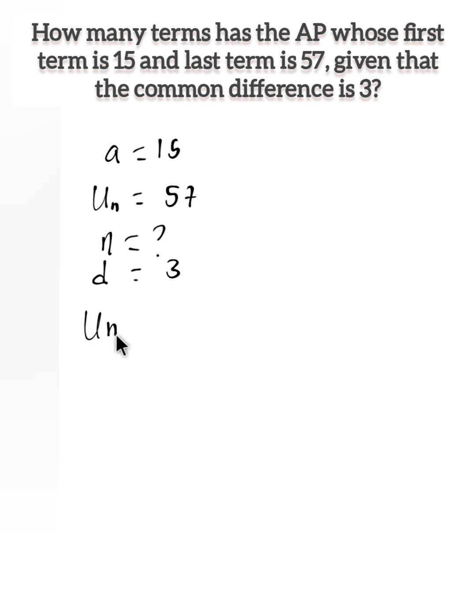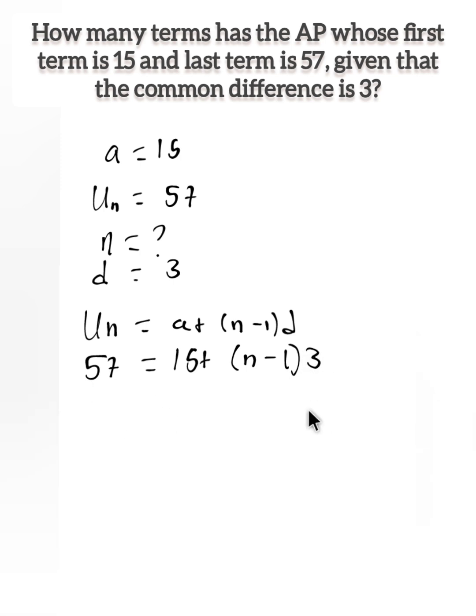So using the general formula that Un is equal to a plus bracket n minus 1 d, Un is 57, is equal to 15 plus n minus 1, d is 3. So if we simplify this expression, we will be able to find n. This is 57 is equal to 15 plus 3n minus 3. 3 times n is 3n, 3 times minus 1 is minus 3.